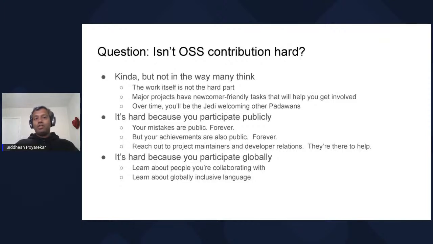So how do you deal with this? The easiest way is to reach out to project maintainers and developer relations. They're there to help you get started. If you're really anxious about posting your ideas on public mailing lists, reach out to them personally, get feedback from them personally first.